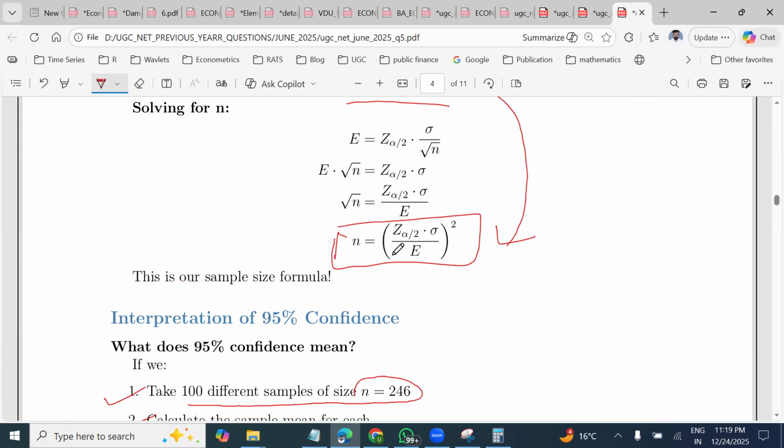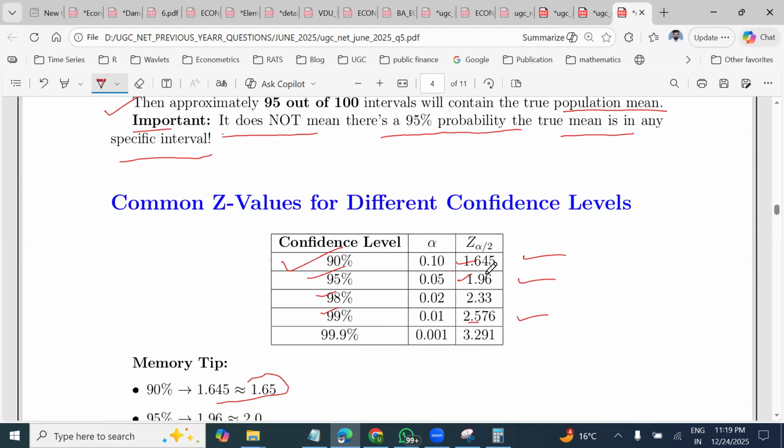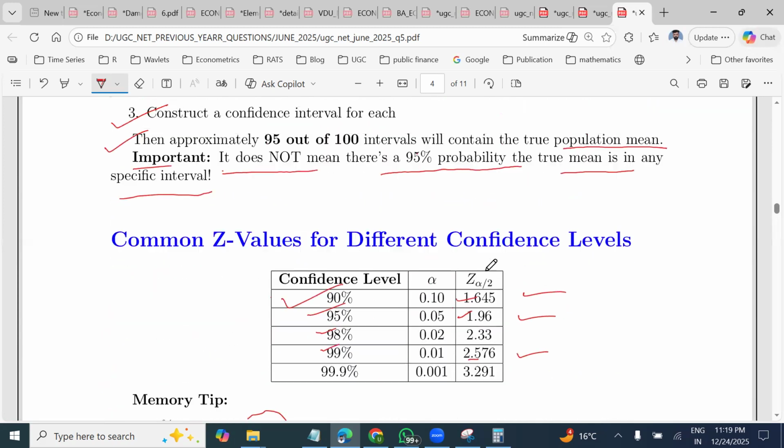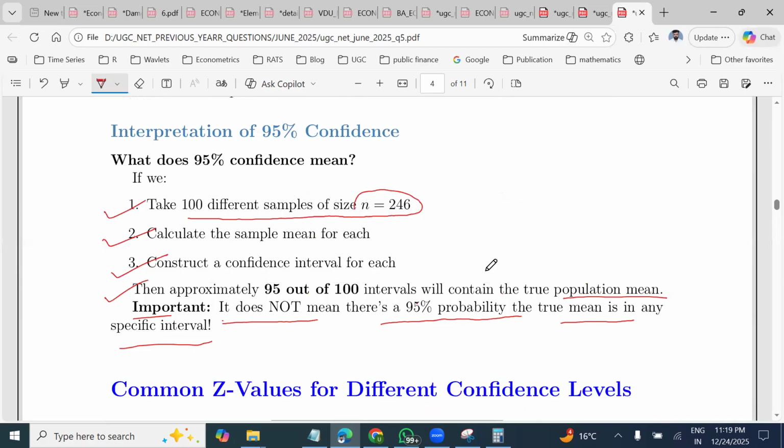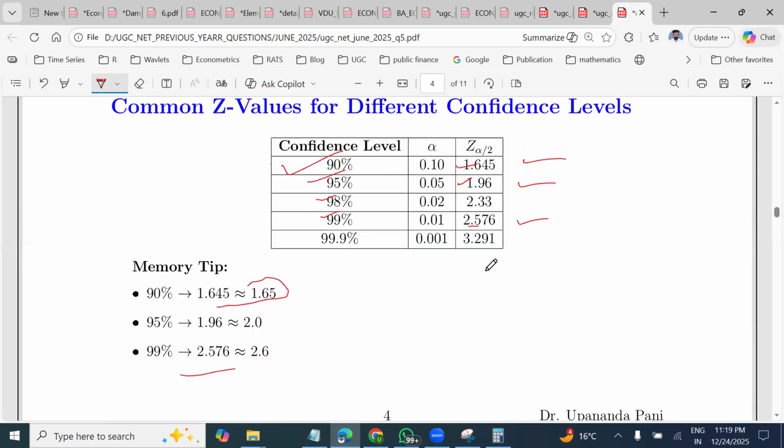Yes, the formula alone is not difficult. We have to remember the critical value and the sigma value, and we have to know that this is the sigma. Here, sigma is 16.